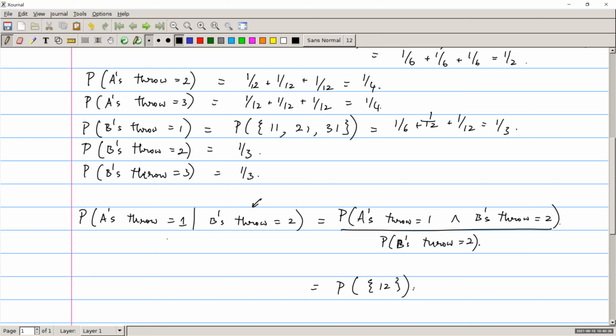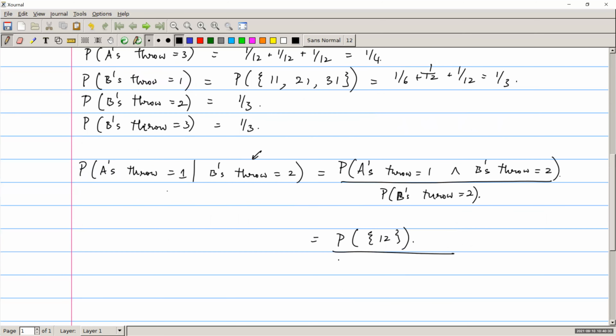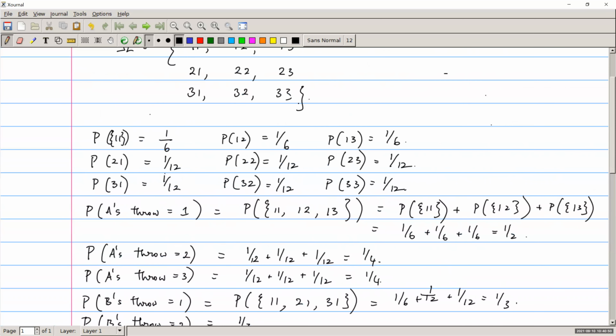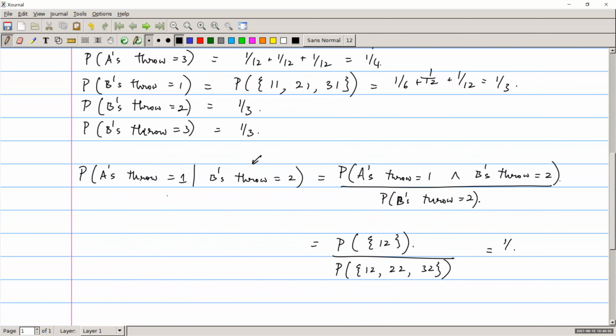No other outcome satisfies this statement as true. The denominator is the probability that B's throw is 2. What's the probability in the numerator? The probability of (1,2) was 1/6, and the denominator was 1/3, so this is 1/2.